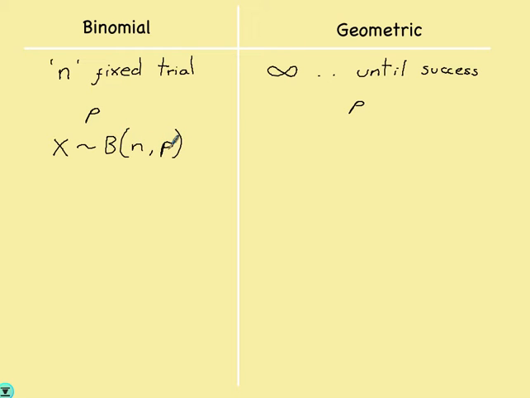So fixed number of trials and then a p. So X here is Geo, and because you've got an unlimited amount of trials, you just see it as Geo(p). Okay? They both have an expectation and a variance that you can find in your formula book. So it's important to know that these are in your formula book.